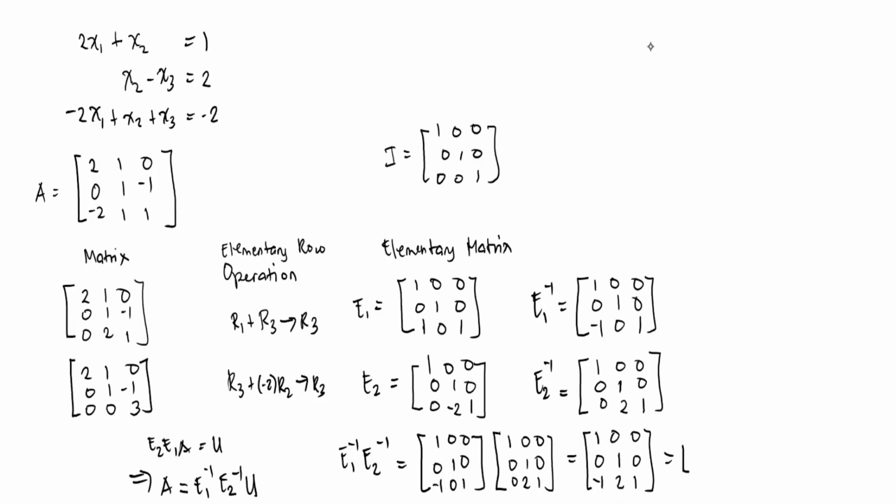So therefore, our LU factorization of A is, so this is our L, and then this is our U. So we have 2, 1, 0.